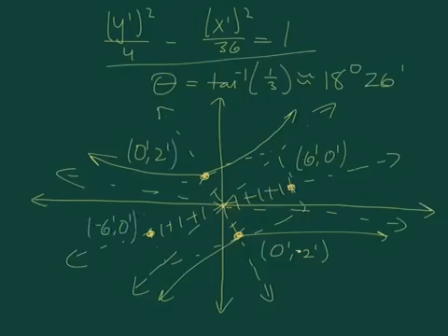We also want them in normal form, with the normal coordinates. If this is 6 prime, 0 prime, you draw a little triangle there, and that's theta, which is 18 degrees, 26 minutes. The length of this right here is 6. You're trying to find this, which is the y coordinate, and this will be the x coordinate.